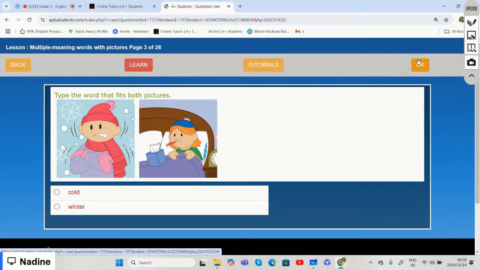So if we were to type the word that fits both the pictures, then we can say it is cold.